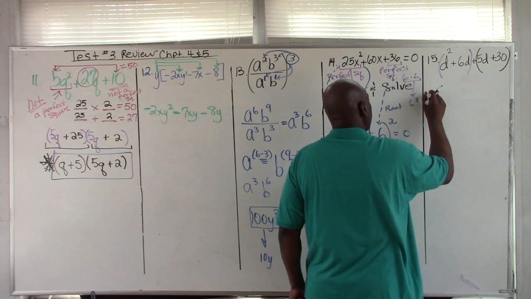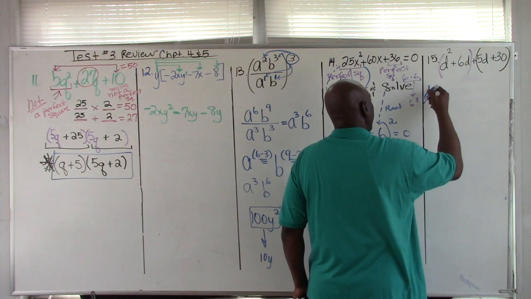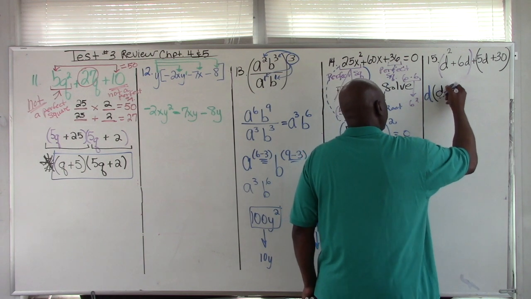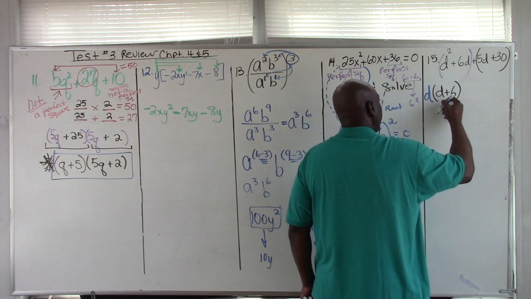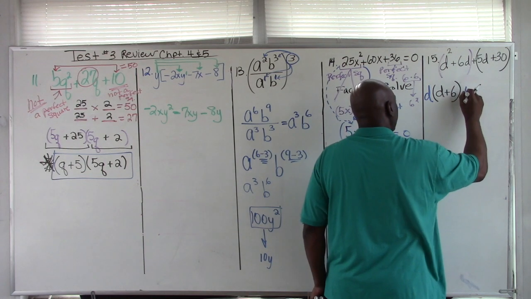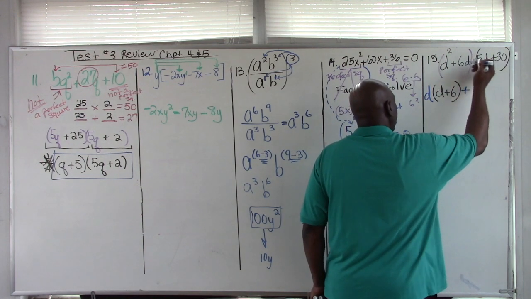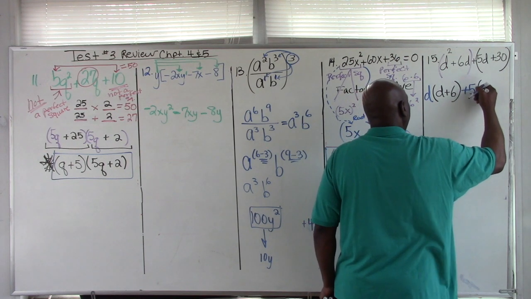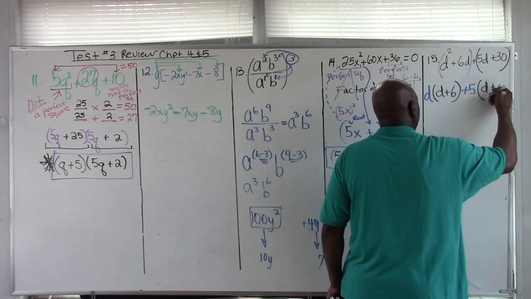So take out the D, and I'm going to be left with D plus 6. All right, plus, take out a 5 from the second group. And I'm going to be left with D plus 6.